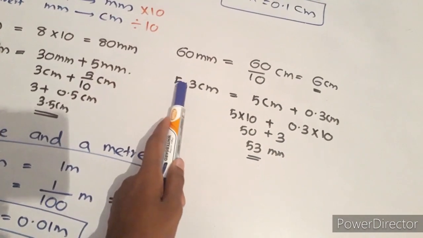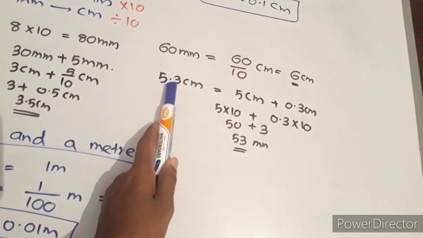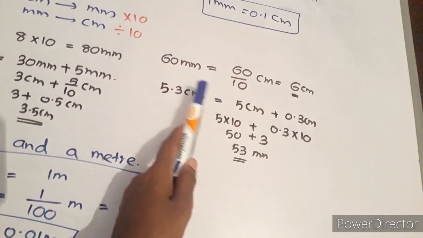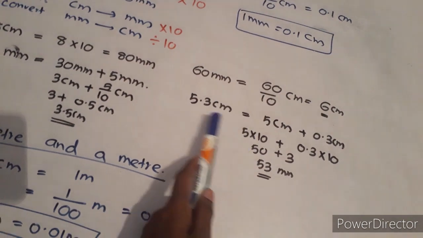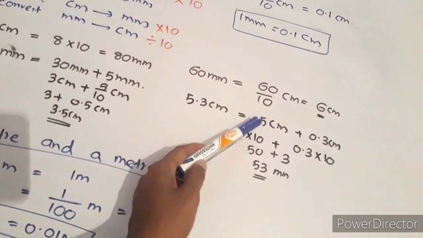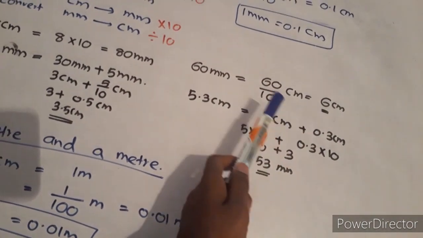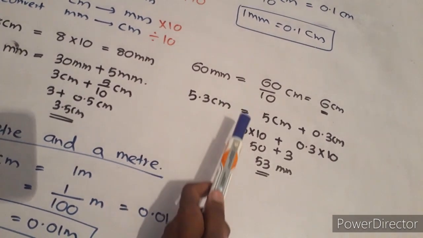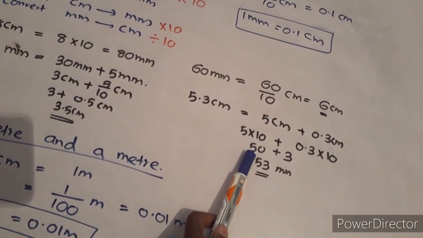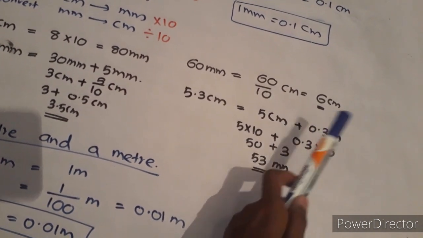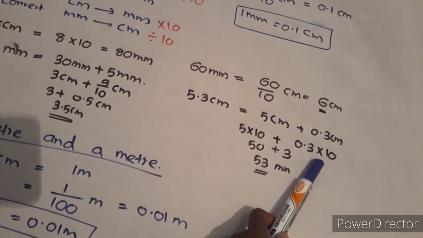Next one. It's given in centimeters. 5.3 centimeters. We know to convert centimeters into millimeters, we have to multiply by 10. So we can separate it like that. 5 centimeters. So to convert into millimeters, we have to multiply by 10. So it becomes 50. This 0.3 also we have to multiply by 10.